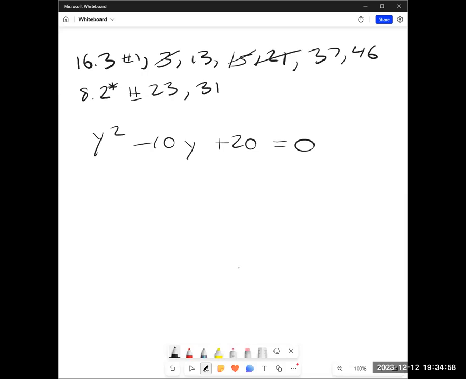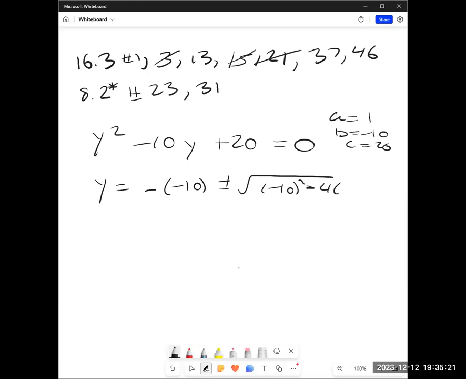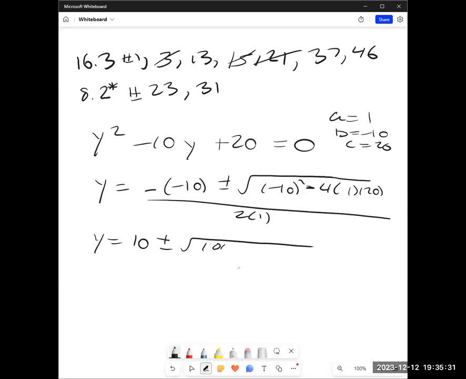So A is 1, B is negative 10, and C is 20. y equals negative negative 10 plus or minus the square root of negative 10 squared minus 4 times 1 times 20 all over 2 times 1. y equals 10 plus or minus the square root of 100 minus 80 over 2.